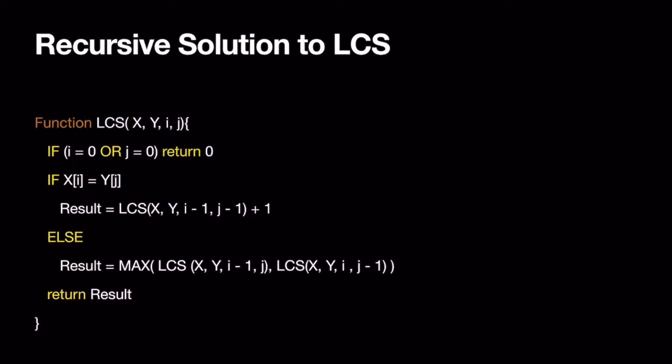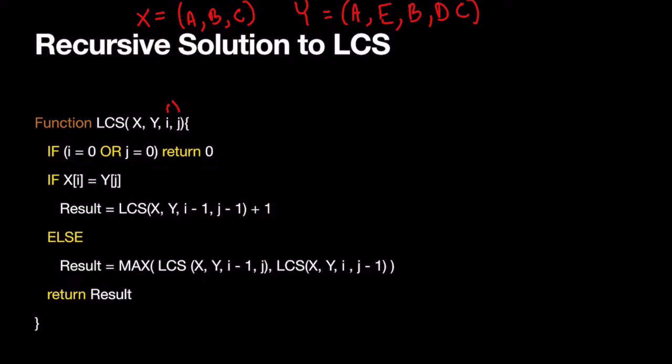So this is using a 1-based index. If our example was x equals ABC, and we have y equals AEBDC, this algorithm will, and i and j will be initialized as the size of x and the size of y.